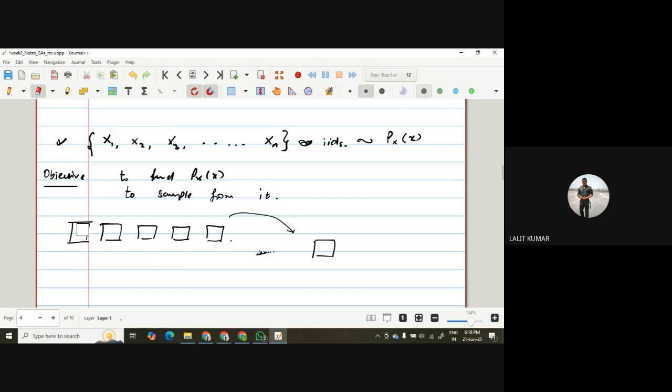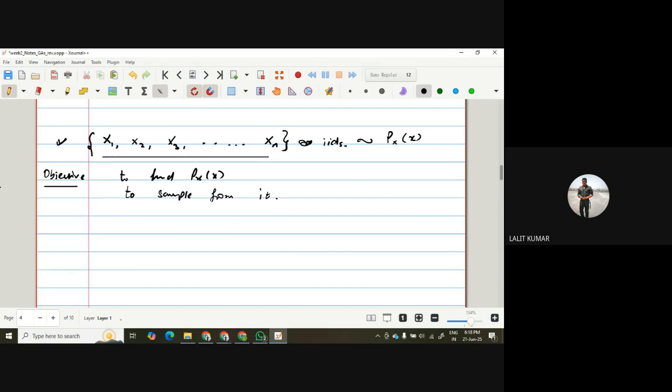So for that, I will go to the week one concepts again. These are the data points which are available to us, and they belong to R to the power D. They can be in any dimension, xi coming from R to the power D.